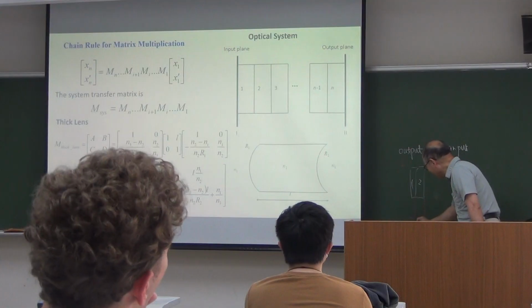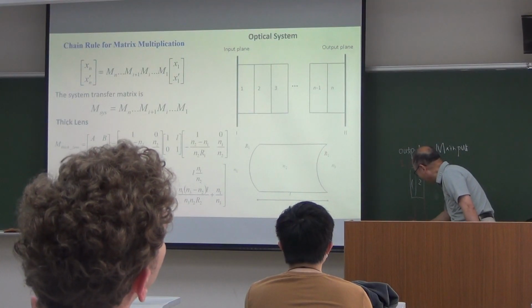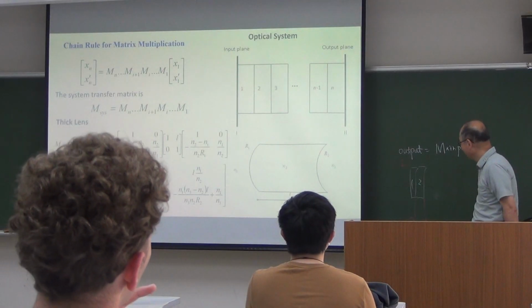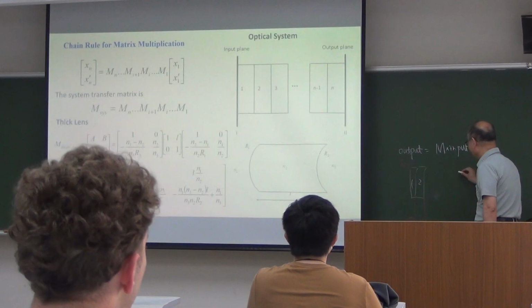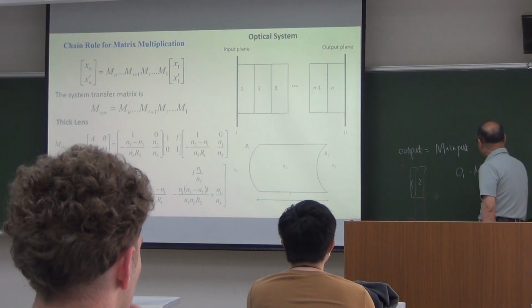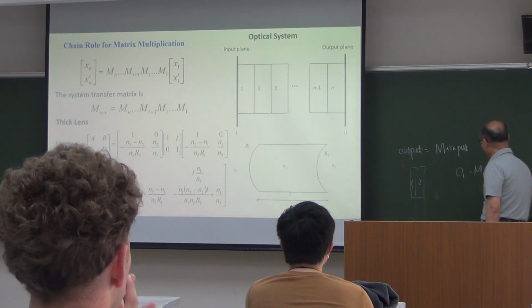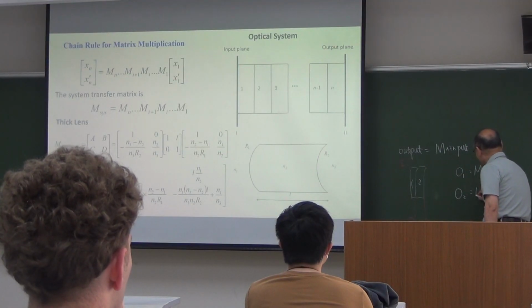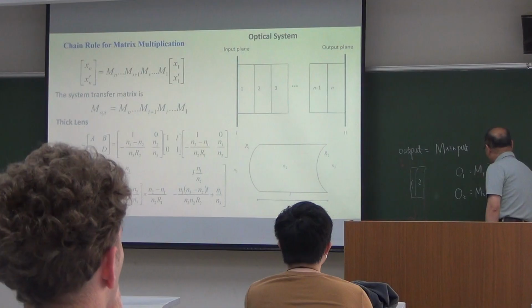In fact, this is your input 2. Right. So you'll be doing like output 1 is equal to M1 times input 1. Output 2 is going to be equal to M2 times output 1.